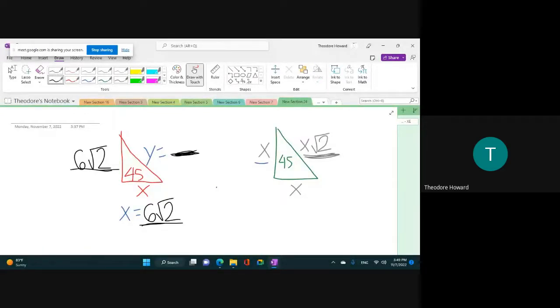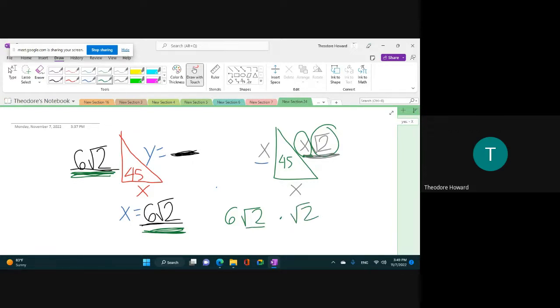So look. Remember, going to our 45 triangle, we're going to take x, wherever x is, times the square root of 2. So x is what? 6. Times the square root of 2.